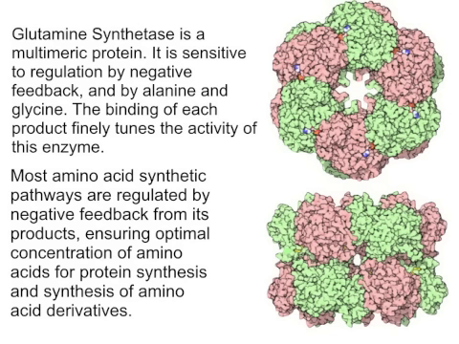We're going to see later that most amino acid synthetic pathways are regulated, in fact, by negative feedback from their products. This ensures that optimal concentrations are found of each amino acid in order that proteins can be synthesized, and in order that we can make amino acid derivatives that are needed also.